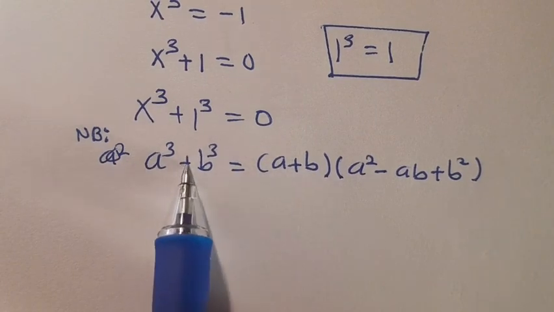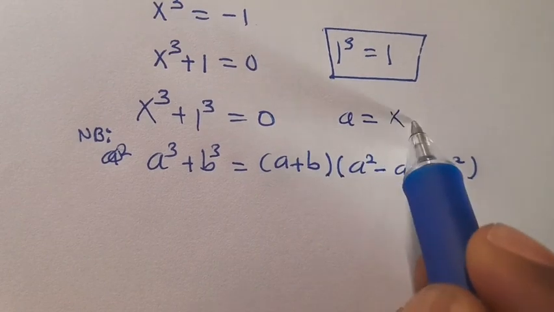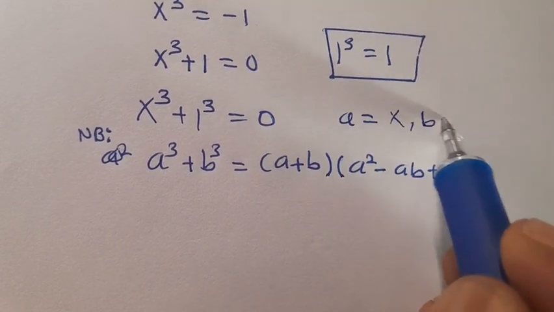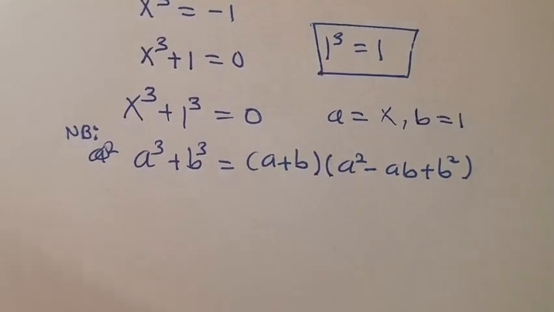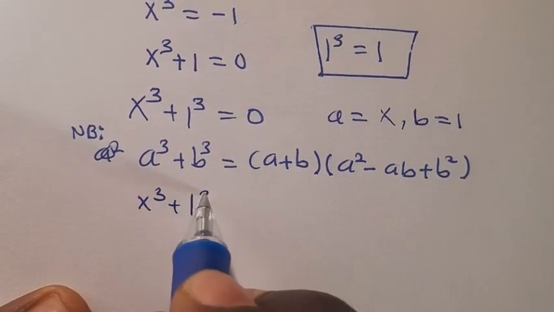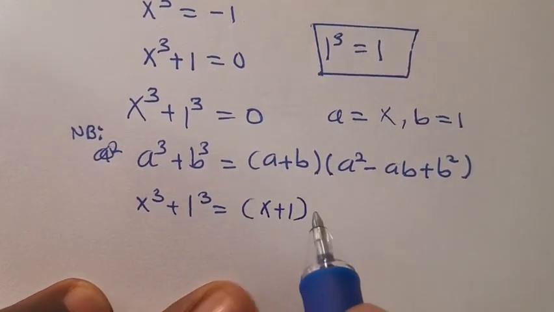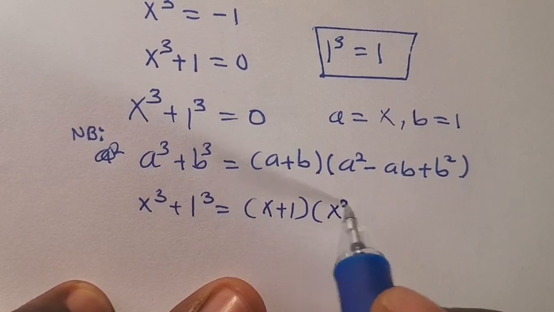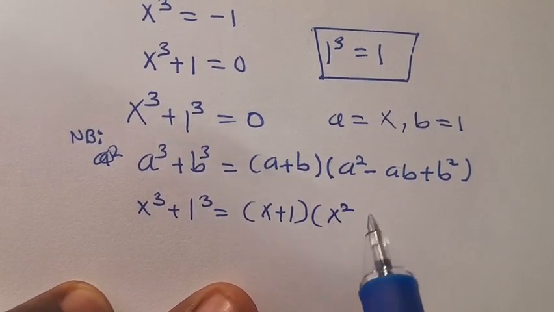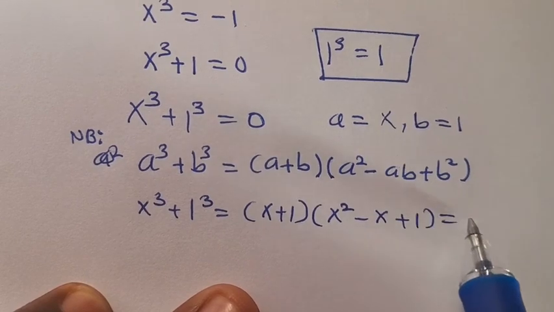Our a equals x, our b equals 1. So therefore, guys, you have x cubed plus 1 cubed equals x plus 1 into x squared minus x plus 1 equals 0.